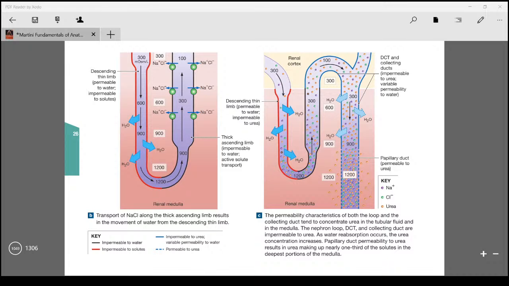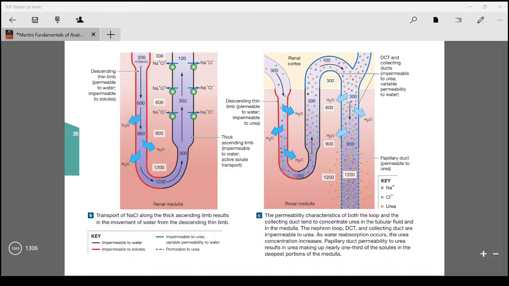Number one, it efficiently reabsorbs the solutes and water before the tubular fluid reaches the DCT and collecting system.